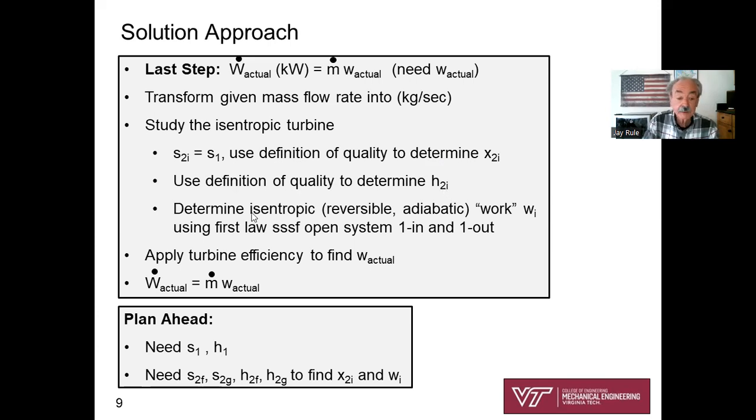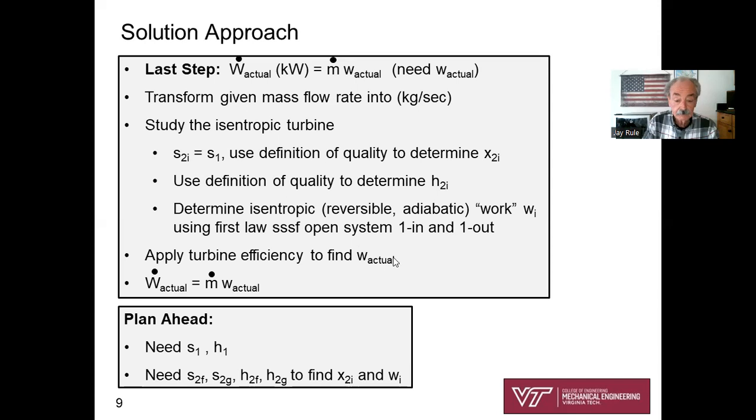Then we're going to determine the isentropic work, reversible adiabatic work, little w sub I, using the first law, steady state, steady flow, open system, one inlet, one outlet. Finally, we'll apply the turbine efficiency to determine W actual, and then get down to W dot. That's what we're looking for, the output power.